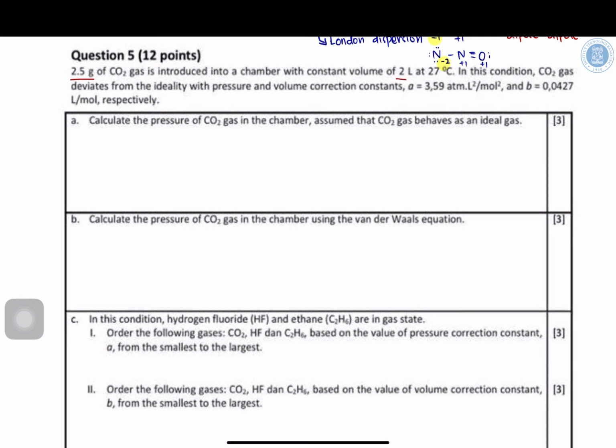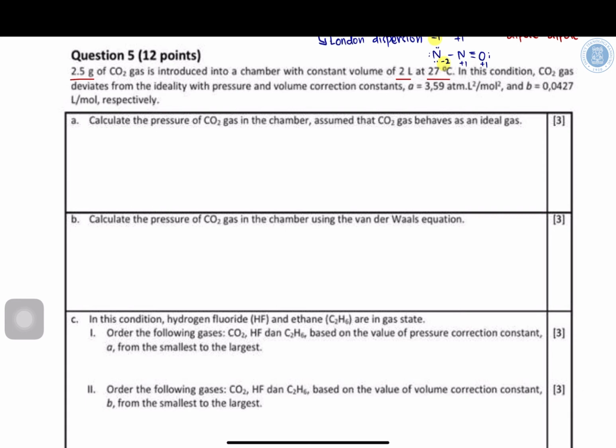The temperature is 27 centigrade, and in this condition CO2 gas deviates from ideality with pressure and volume correction constants A and B with each value. Question A: calculate the pressure of CO2 gas in the chamber. Assume that CO2 gas behaves as an ideal gas.